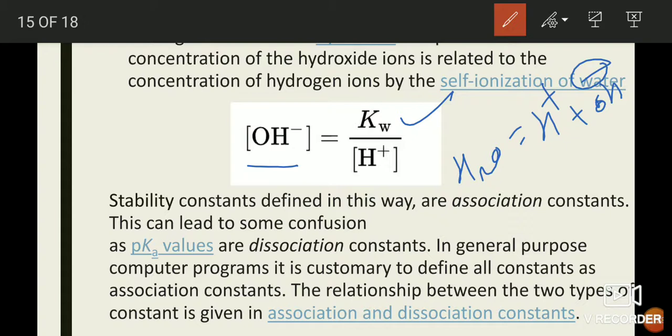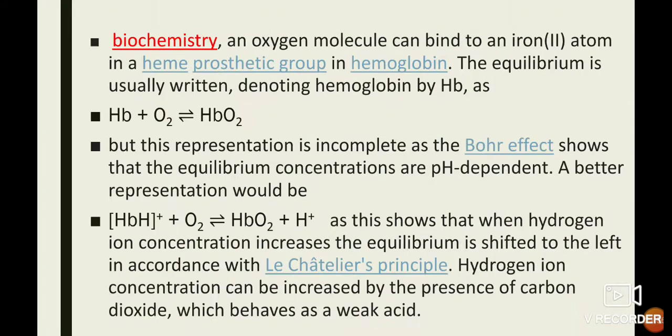Stability constants defined in this way are association constants. This can lead to some confusion, as pK values are dissociation constants. In general purpose computer programs it is customary to define all constants as association constants; the relationship between the two types of constant is given in association and dissociation constants.